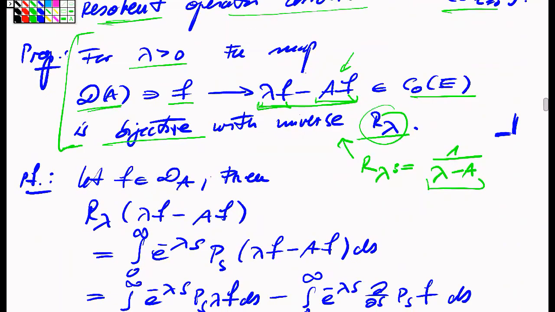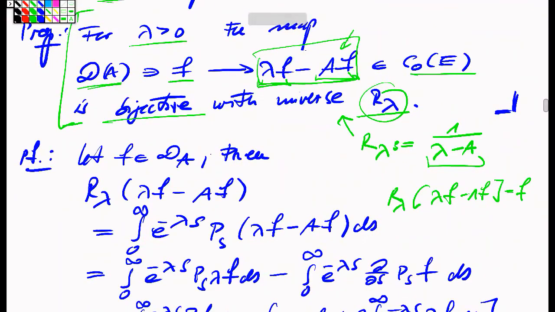Okay, we want to convince ourselves that if we apply this R lambda after we did the lambda f minus Af, that this gives back the f. This is one part of the identification that R lambda and this operator that we had written here are the inverses of one another. So let f be a function from the domain of the generator.